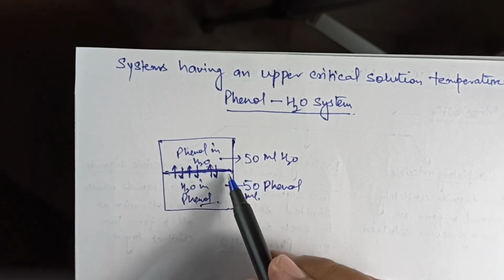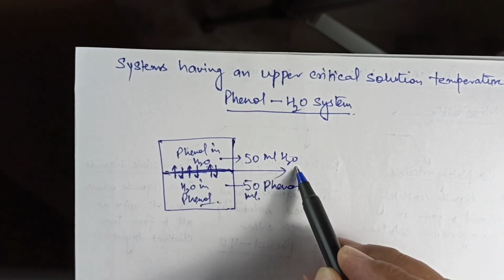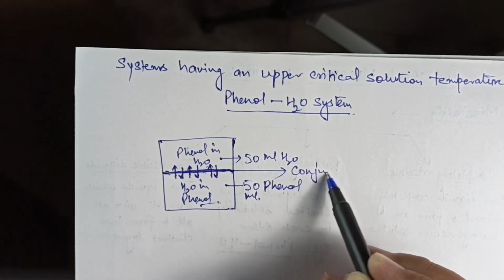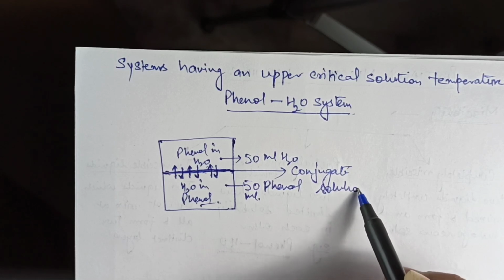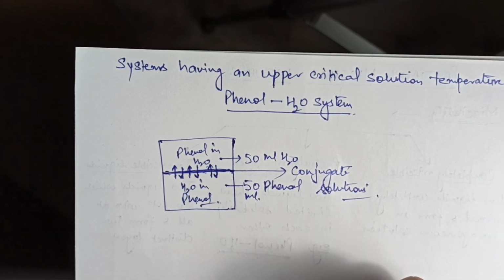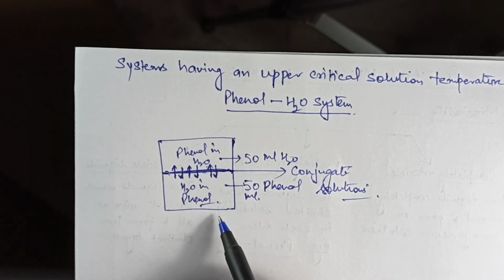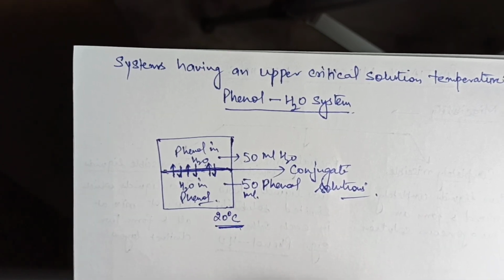Okay, that means they are known as a conjugated system or conjugate solutions. Okay, now at a given temperature, let us say the temperature of the system is 20 degrees Celsius.